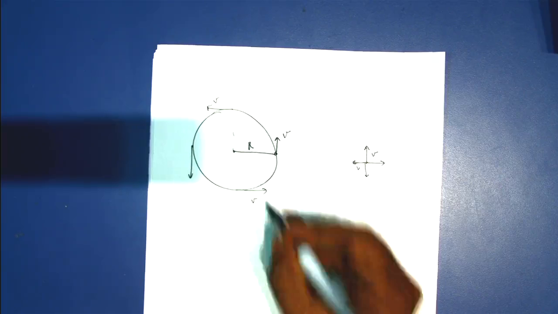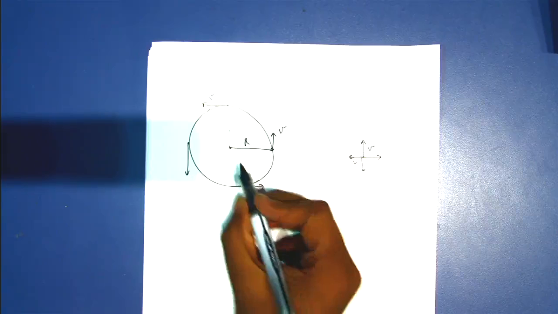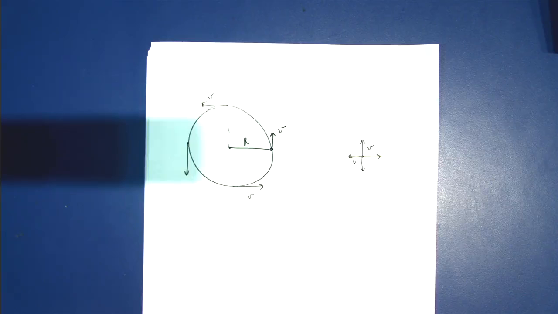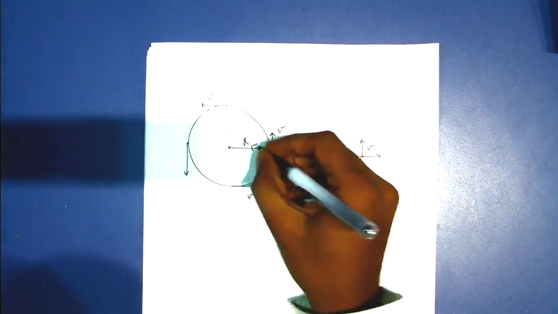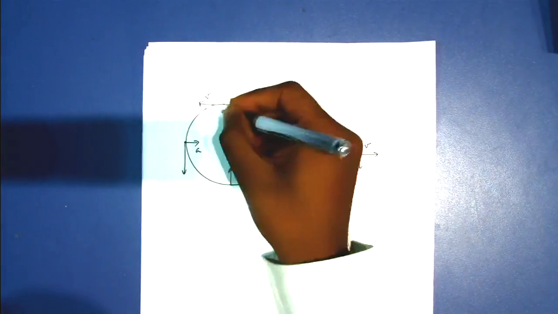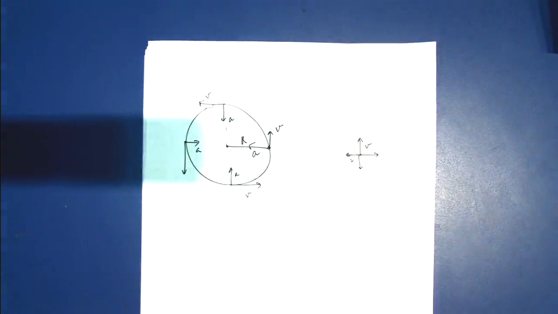Just like v is the rate of change of displacement, a is defined as the rate of change of velocity. So in this circle, I know that a points inwards from v at all points, because we just said that a has to be perpendicular to v to move it in a circle.